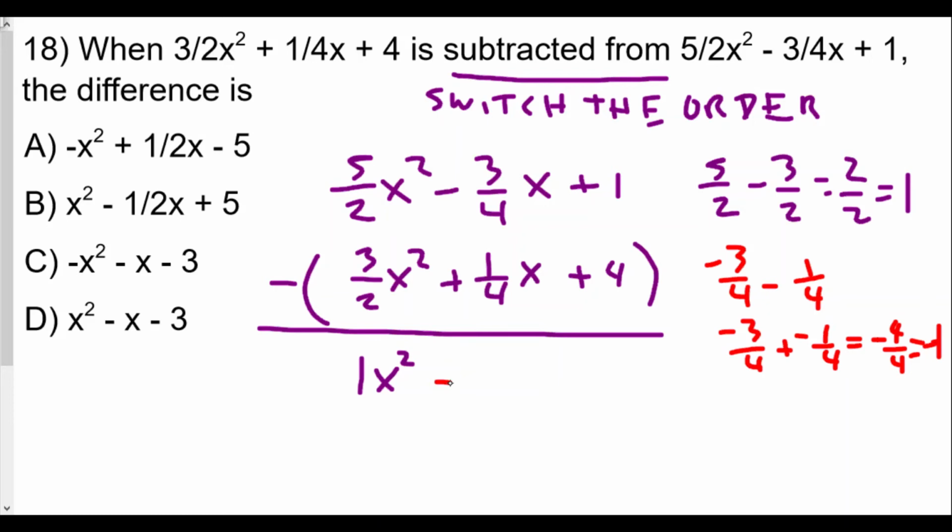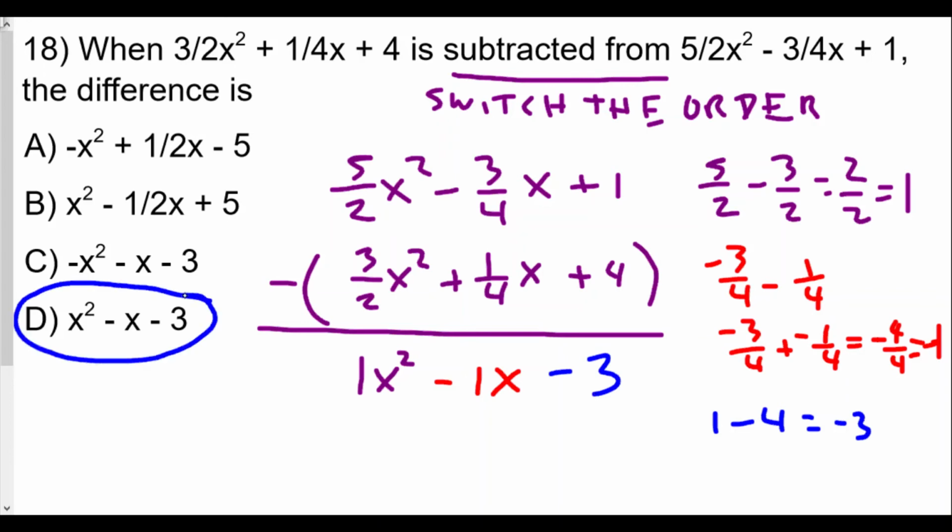So this is minus 1x. And then finally, we have 1 minus 4, which is equal to negative 3. So our difference will be 1x squared minus 1x minus 3. That looks like choice D is our correct answer for this one.